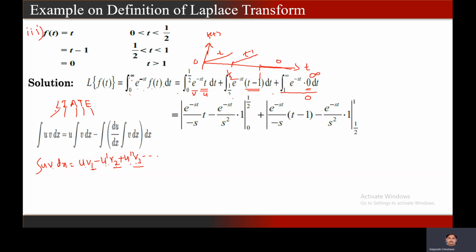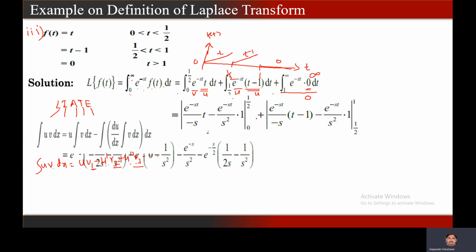So this is the order to take the first function u. Here t is an algebraic function, that is u, and e raised to something is an exponential function, that is v, and u into v. So we get this with limit from 0 to half. Similarly, t minus 1 is u and this is v, so again the same formula, and we get this.